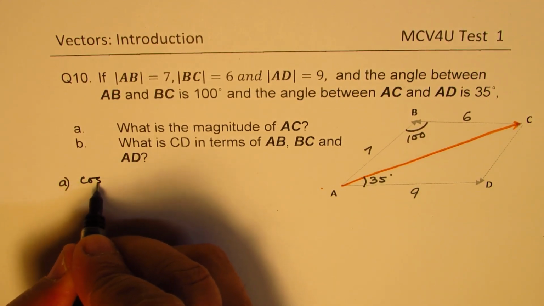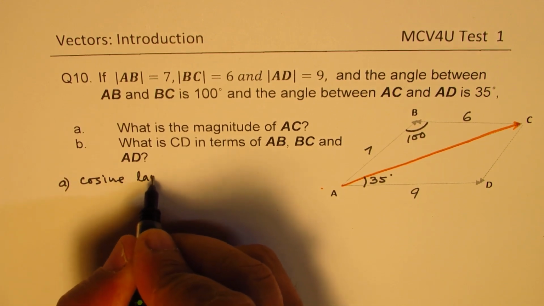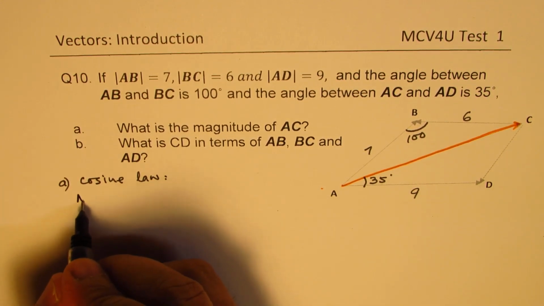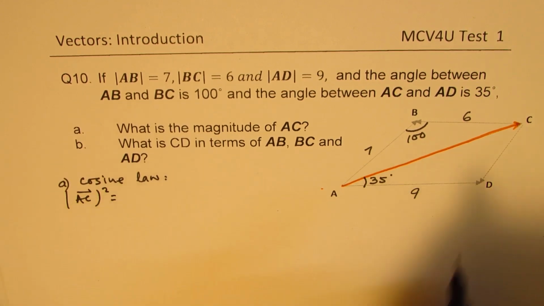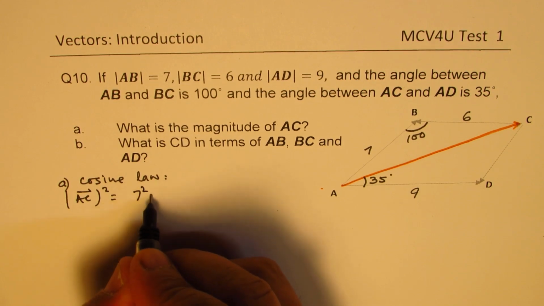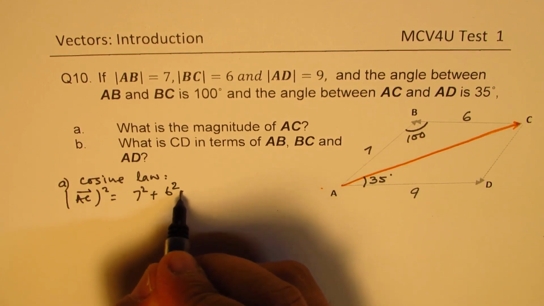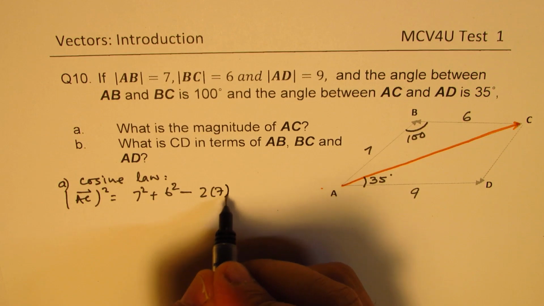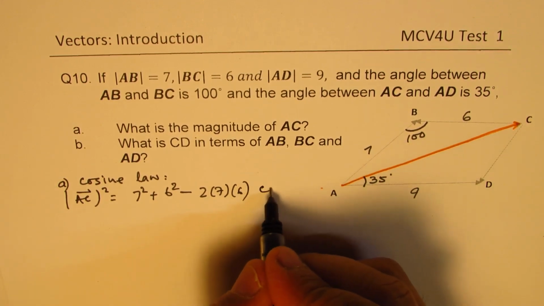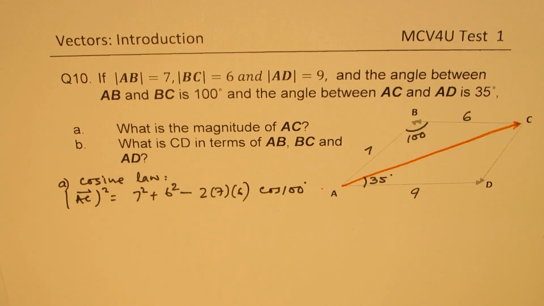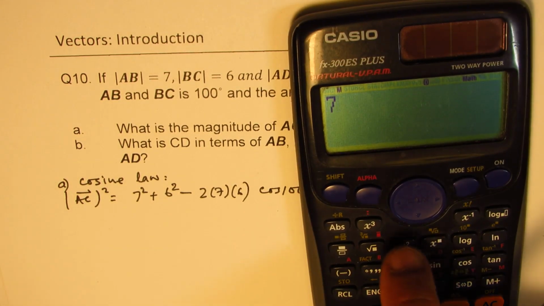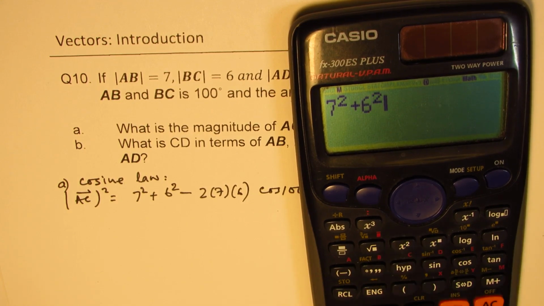So using cosine law, you can find this answer, right? So we have AC square, magnitude, let me write, equals 7 square plus 6 square minus 2 times 7 times 6 times the angle between them, which is cos of 100. Is that okay? So let's calculate.